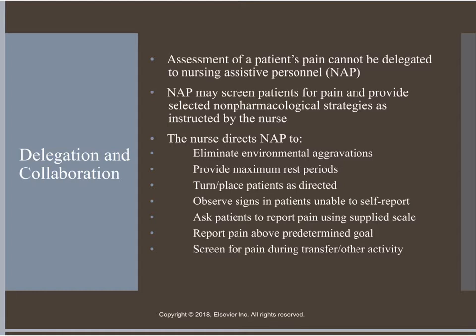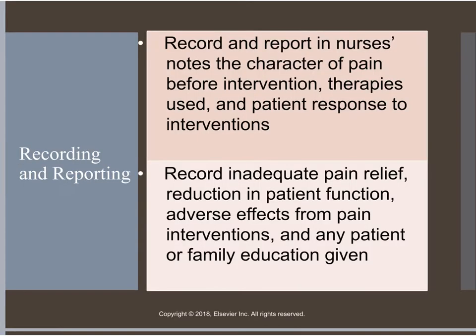Report in a timely manner any patient reports of pain intensity above a predetermined goal and nonverbal behaviors suggestive of pain. Screen the patient for pain during patient transfer or other activity that might provoke pain. Some of these pain medications may have adverse effects as a result of the pharmacological or non-pharmacological pain interventions. So it is important to record and report all of your findings as soon as possible.